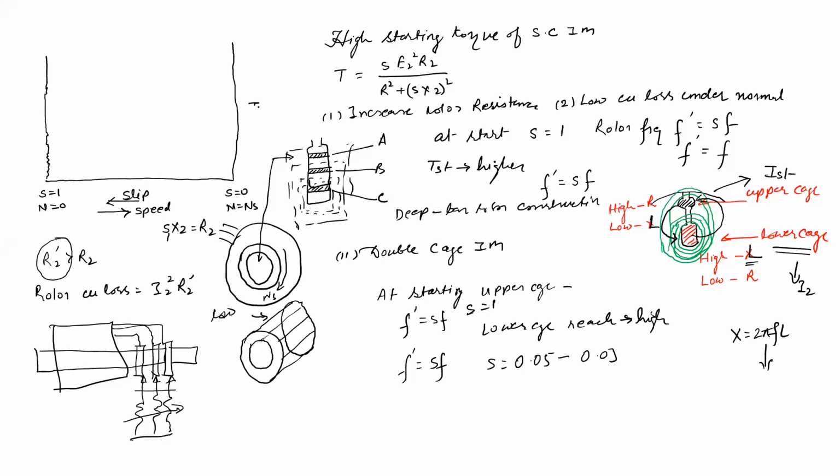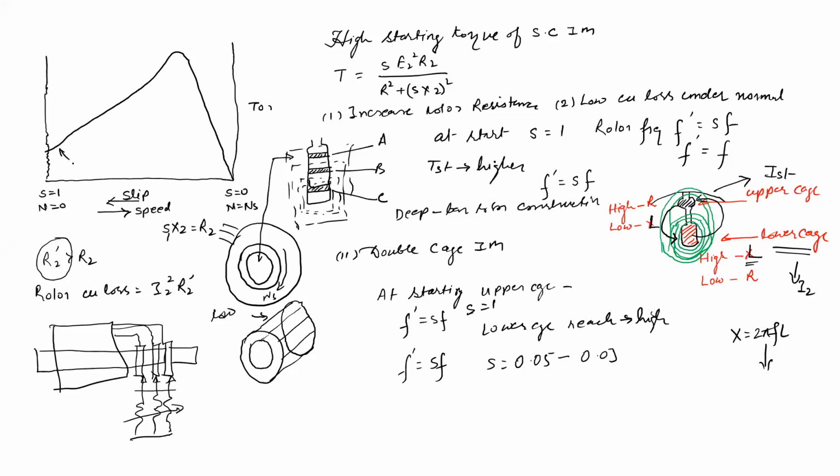Okay, now here is torque. The maximum torque is going to occur depending upon the resistance and reactance. So say this is the torque of the inner cage, the lower cage rotor.